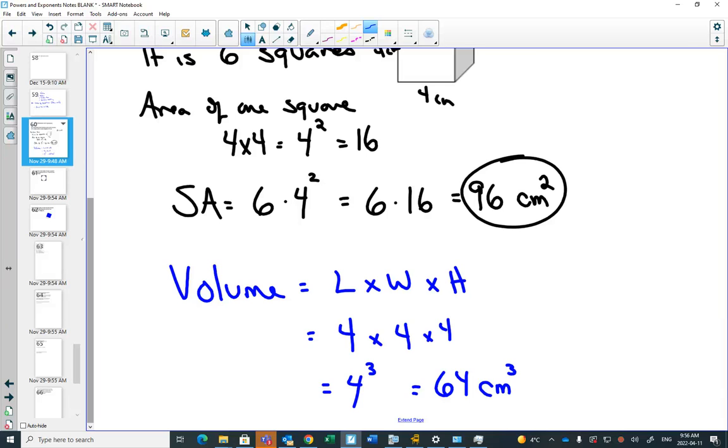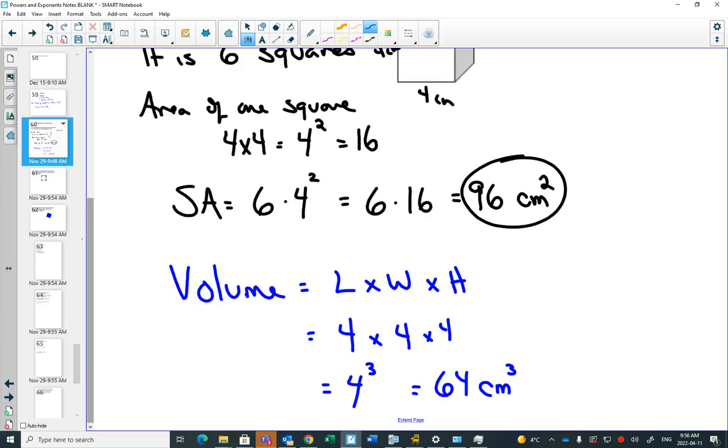Now, something very cool about centimeters cubed. Just applications to all sorts of things. 1 centimeter cubed, if you would take it and it had a little hollowed out and had a little pitcher of water and poured it in there to fill up one of these, 1 centimeter cubed is exactly 1 milliliter. So if you had 64 centimeters cubed, which is about what I have here, that'd be a pretty tiny drink box. 64 mils is not very big, right?